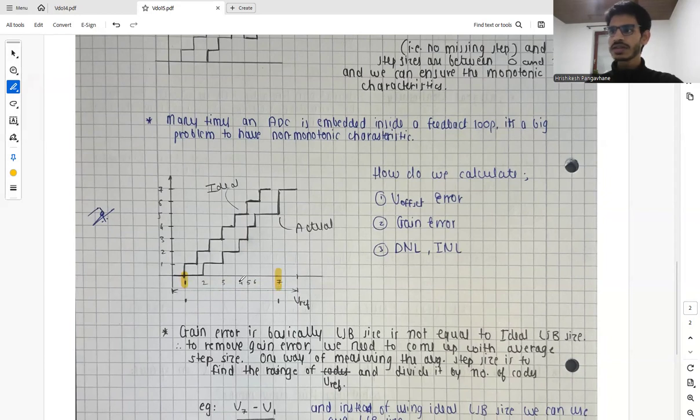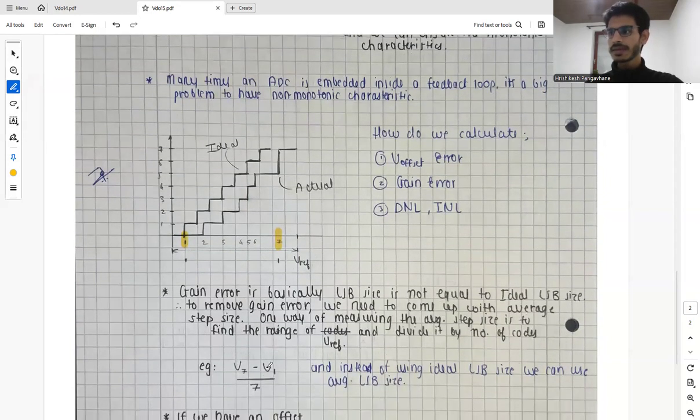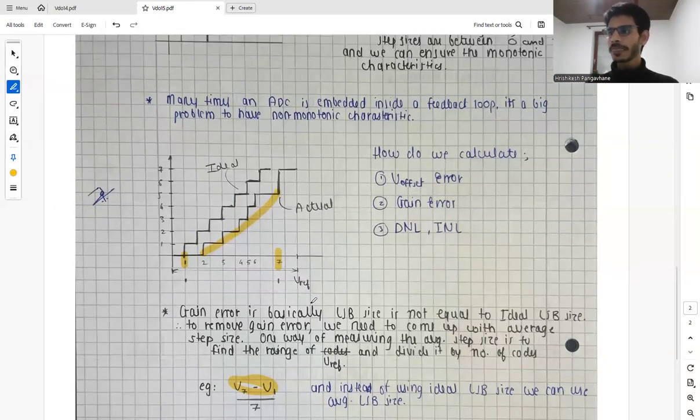When we take V7 minus V1 and divide this voltage by the number of codes, we get the average LSB size. Instead of using the ideal LSB size, we can now use the average LSB size to resolve the gain error. So as of now, that's all for this video.